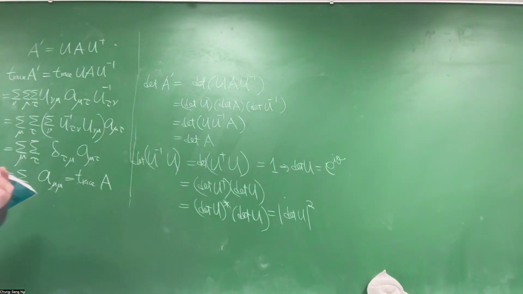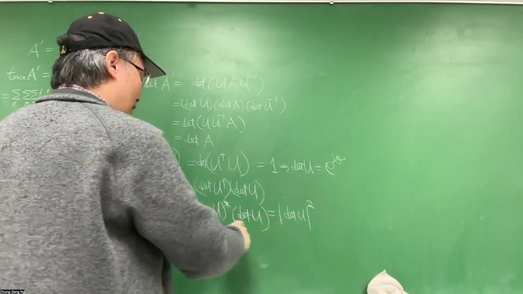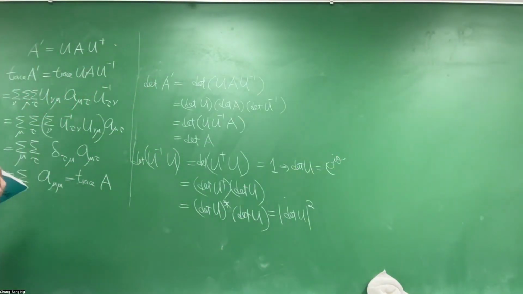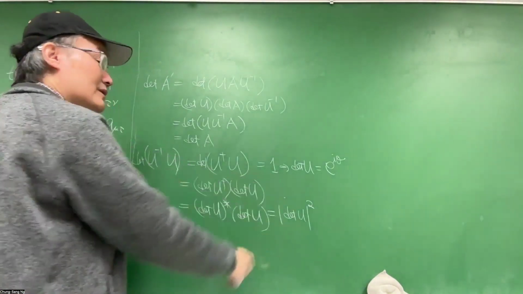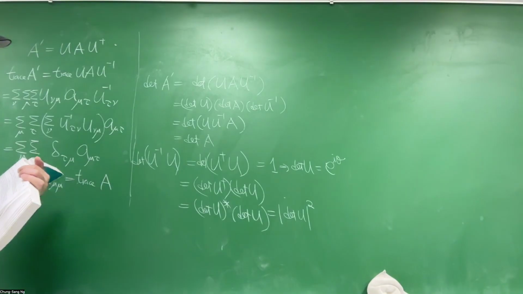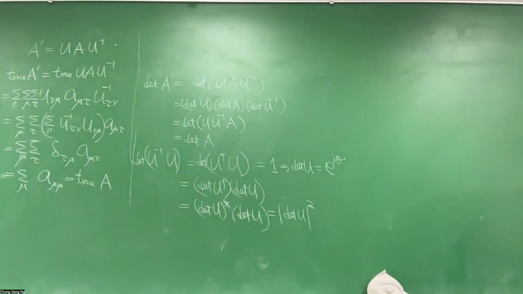This is e to the i theta multiplied by the complex conjugate e to the minus i theta, and the product gives you 1. That's another property of the unitary matrix.